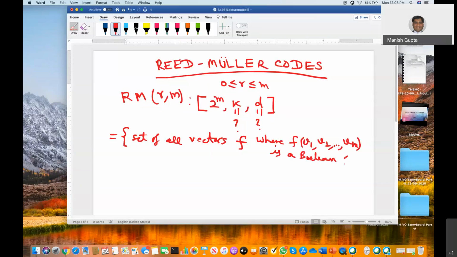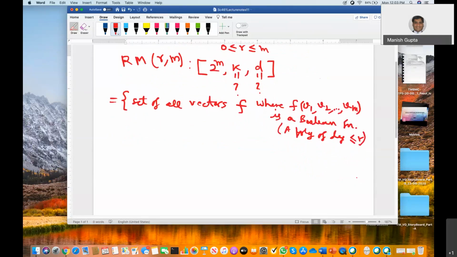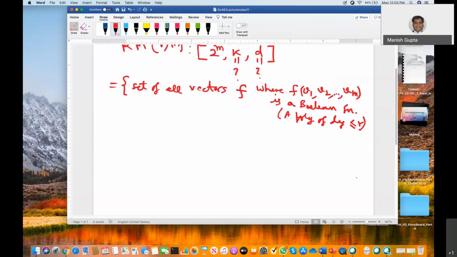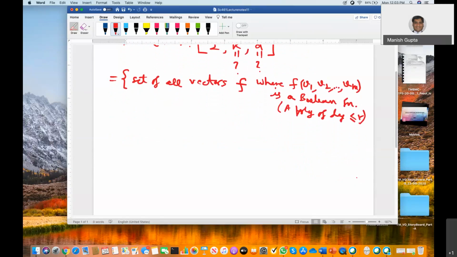Boolean function means that the value of the function is either 0 or 1, a polynomial of degree at most r. But this is one definition which one can describe, but I think I'm going to take a much simpler definition, which is very easy to understand.